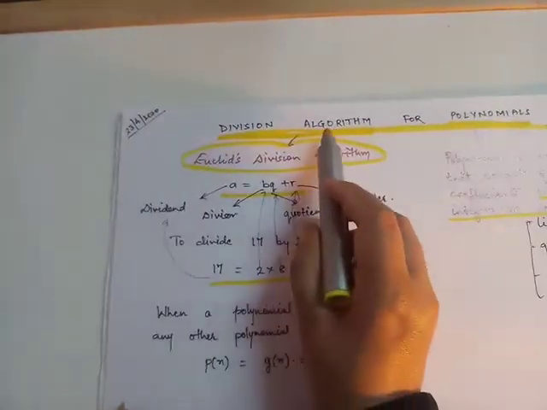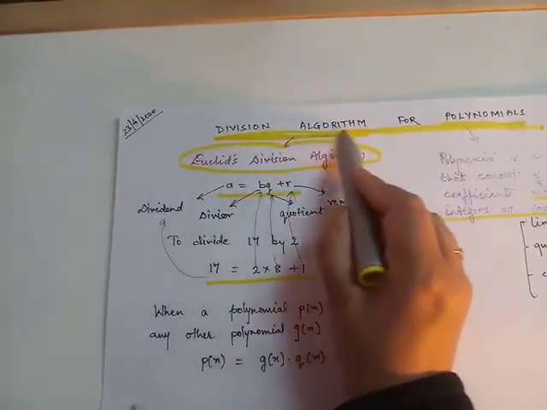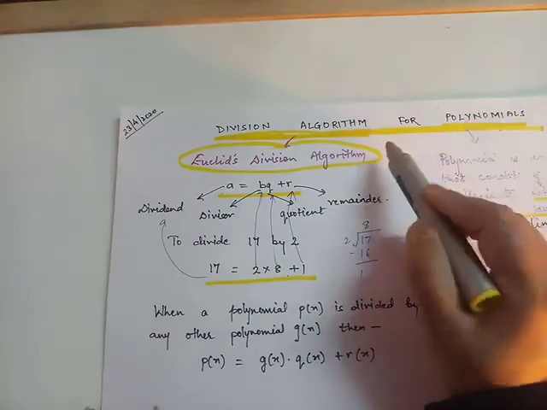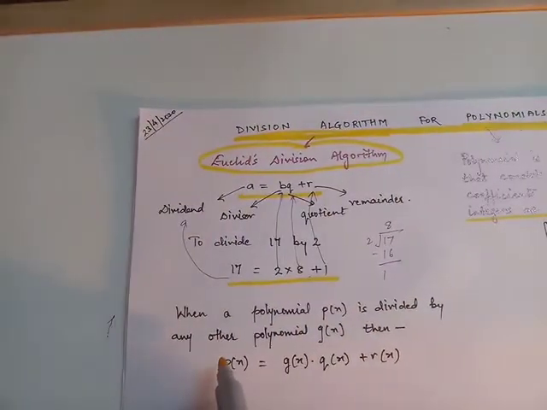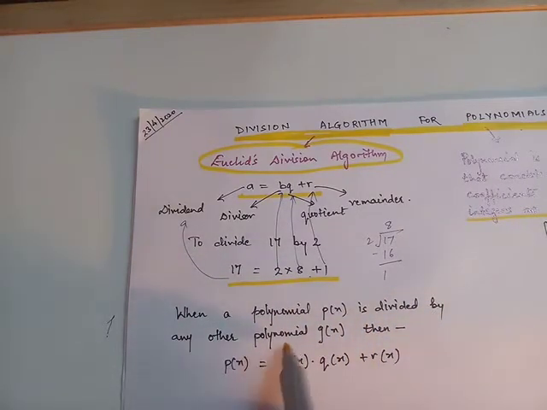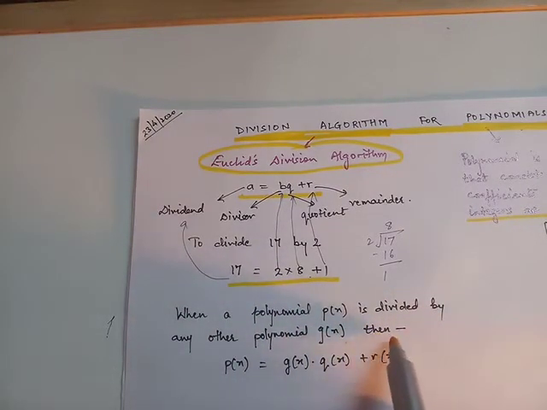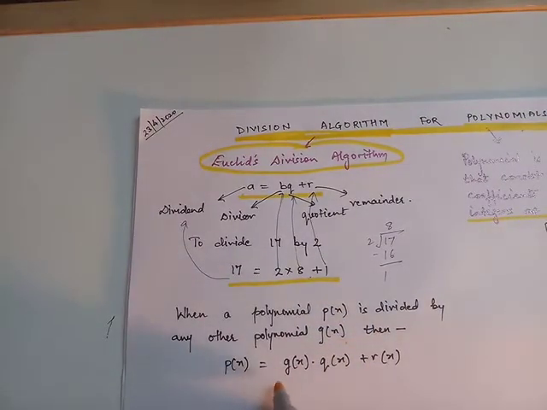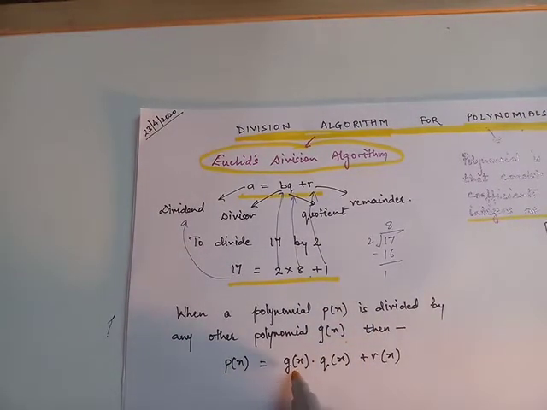So, how are we going to write this division algorithm for polynomials mathematically? We say, when a polynomial p(x) is divided by any other polynomial g(x), then p(x) = g(x) · q(x) + r(x).